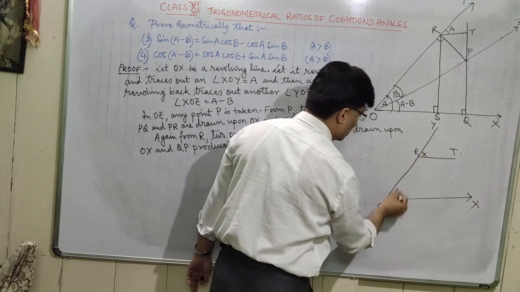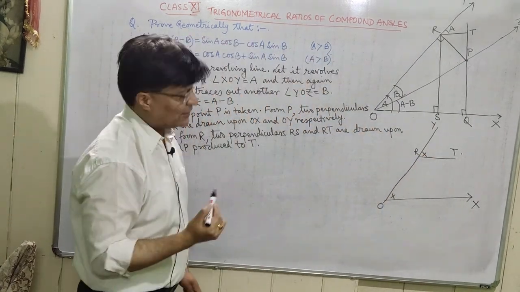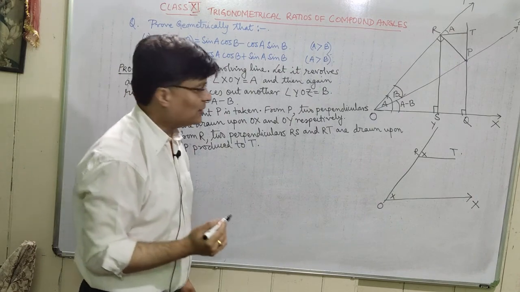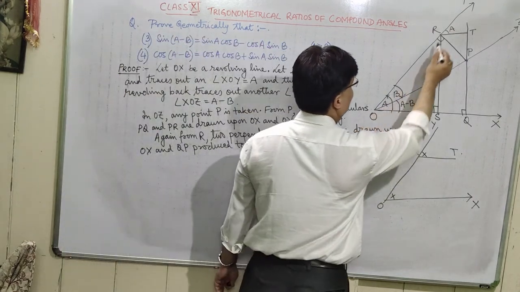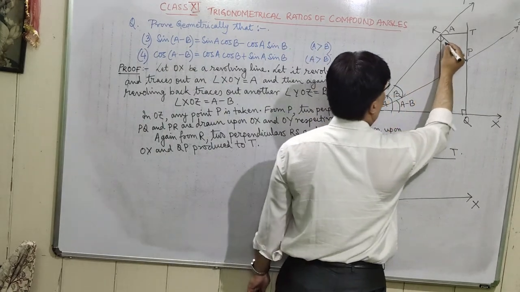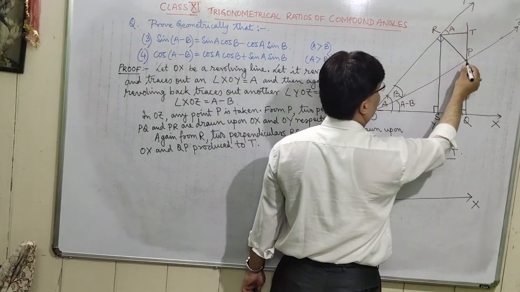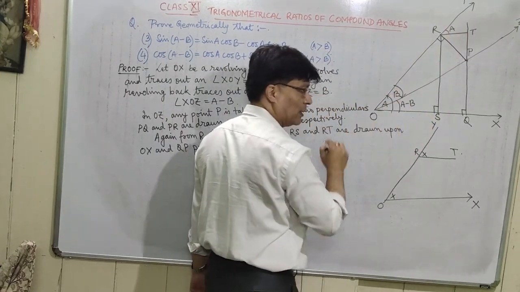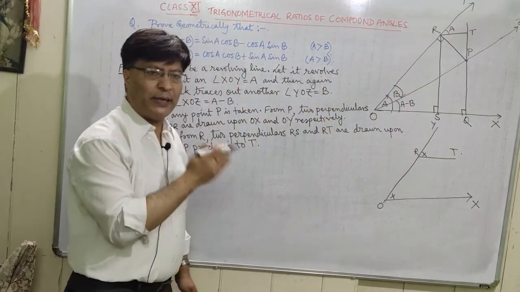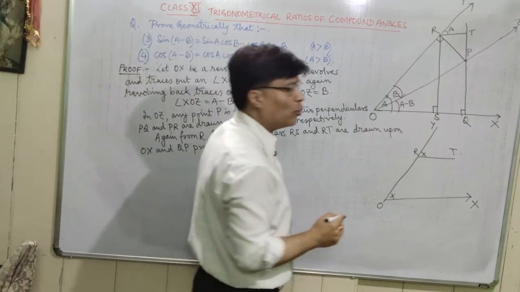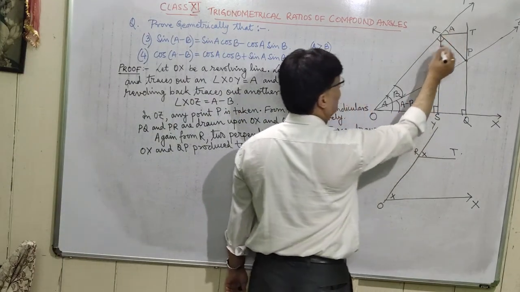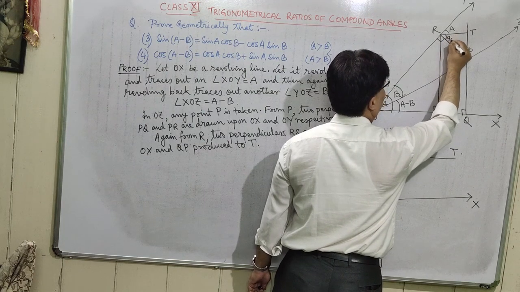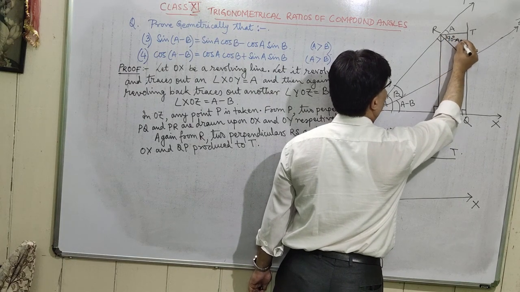You know that, isn't it? So if this is angle A, this is also angle A. So now, since PR is drawn perpendicular upon OY, this is 90 degree. So if angle YRT is A, this angle is 90 minus A.